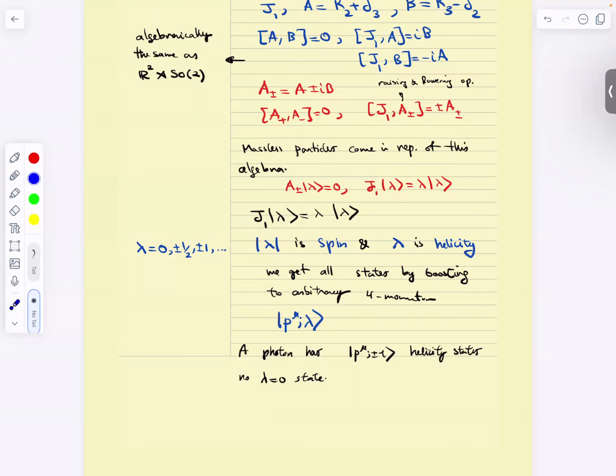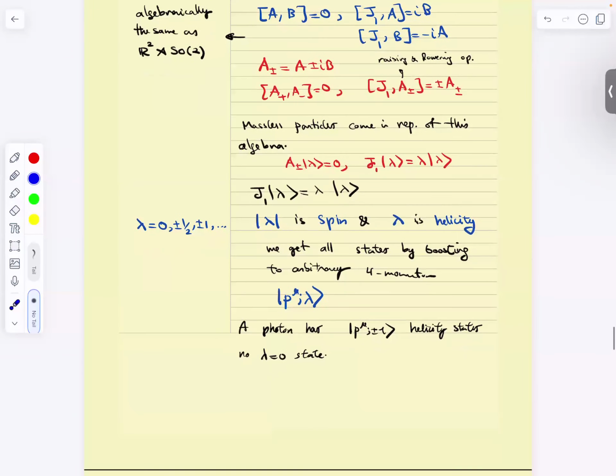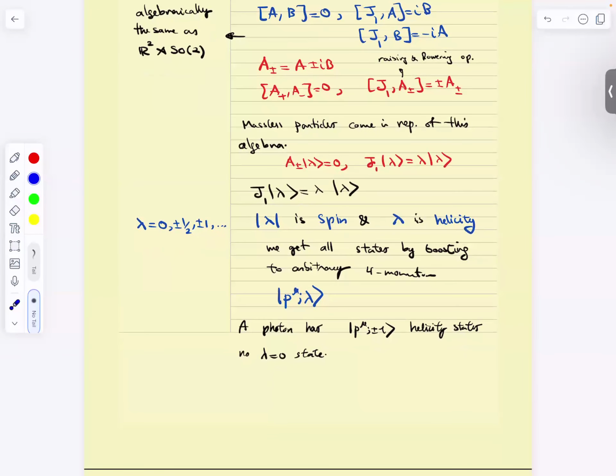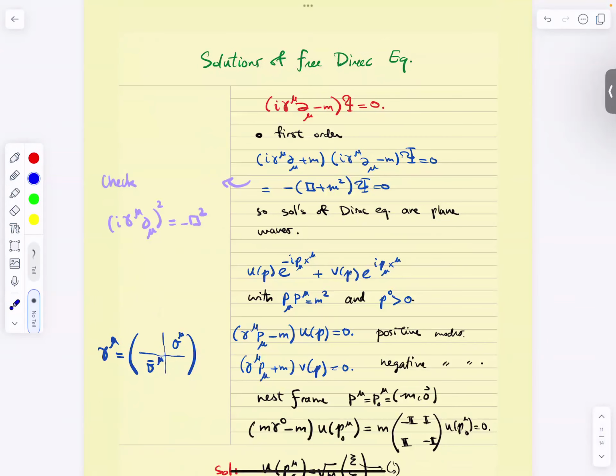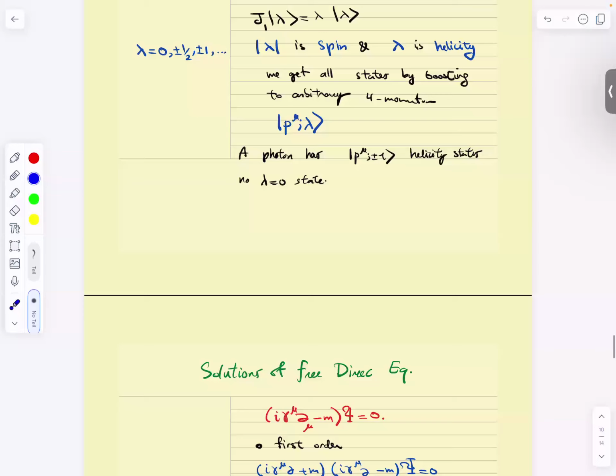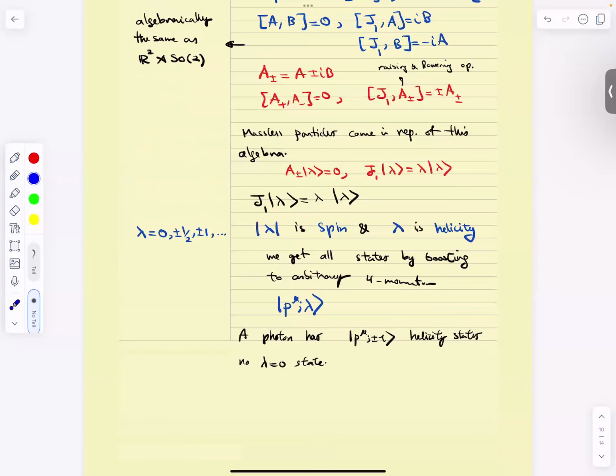All right. In the remaining 15 minutes, I'm going to switch gears and talk about solutions of the Dirac equation. So these are what particles are for us. In a free theory, what is a ket in the Hilbert space that's two particles?